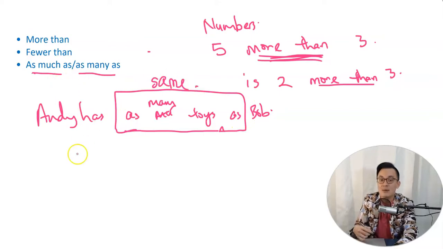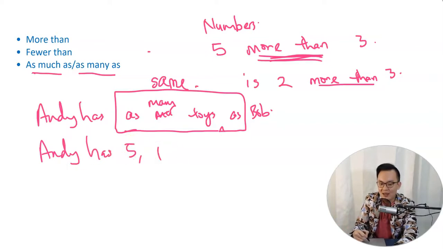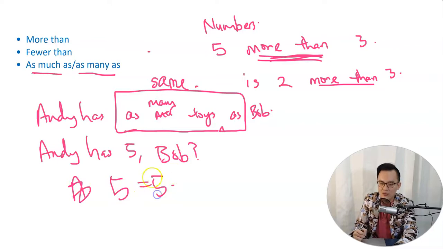"As much as" also means the same. Whether you use "much" or "many" is an English thing, whether it's countable or uncountable, but they need to know that if Andy has 5, how many does Bob have? Bob has 5 as well. So 5 equals 5.